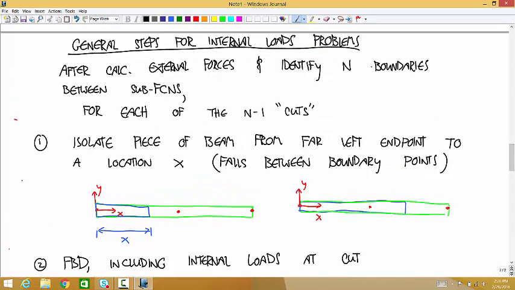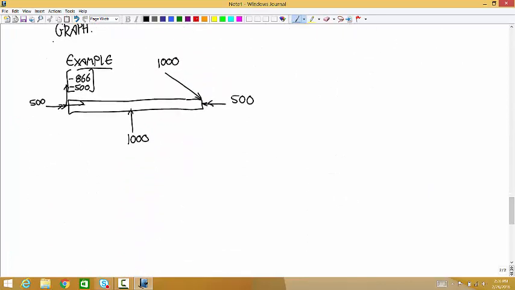Now we need to identify the end boundaries between subfunctions. So those boundaries are at the endpoints, and then any place that you have a change in a distributed load function, while we don't have any distributed loads, or where you have a point force or a point couple. And the only other place that isn't an endpoint is here.